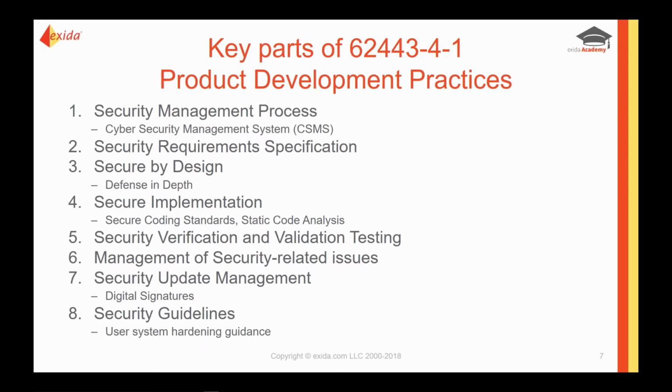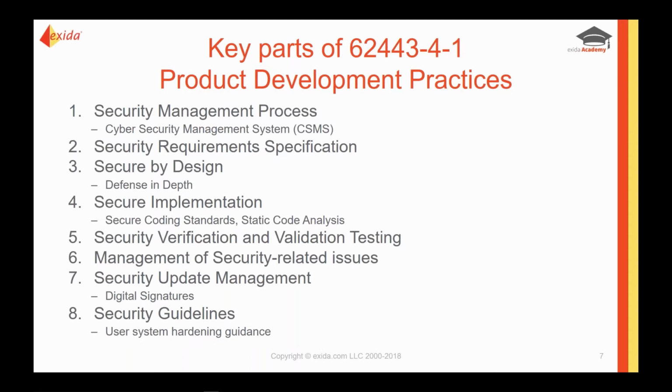So in looking at 4-1, there are 8 primary practices involved in the product or perhaps system development process. These key practices start with security management and identifying within your organization an organizational structure and policies that will implement cyber guidelines and practices throughout your entire organization.